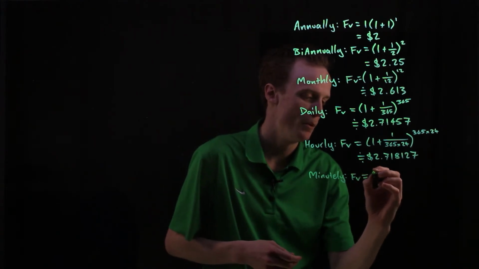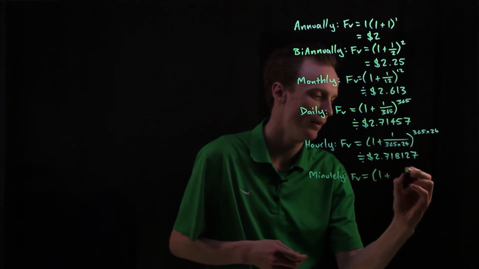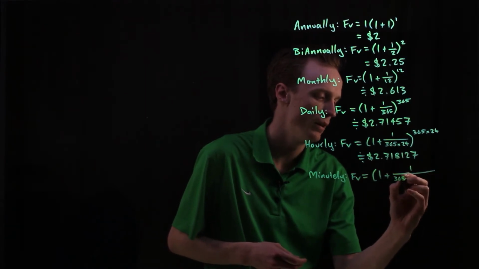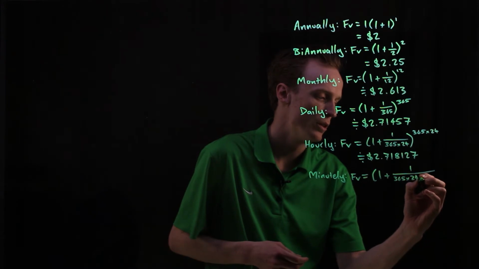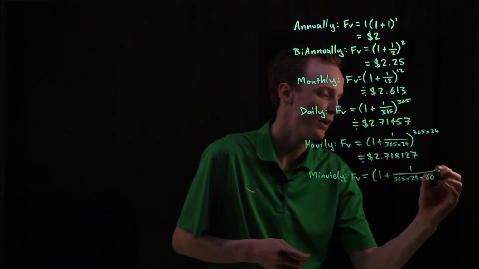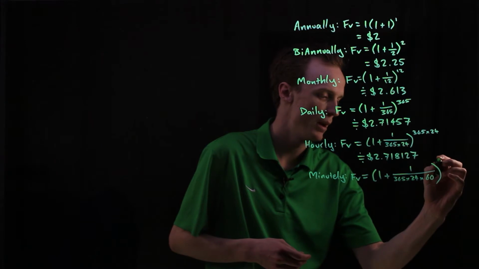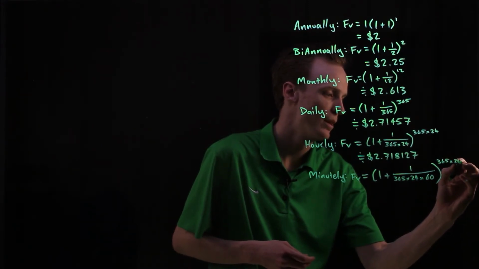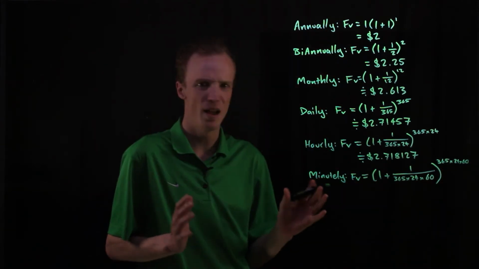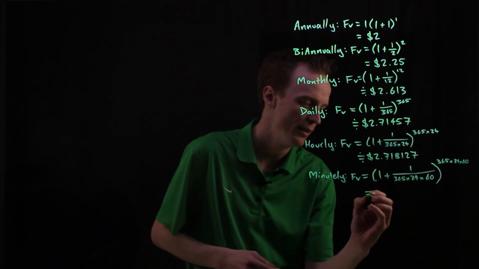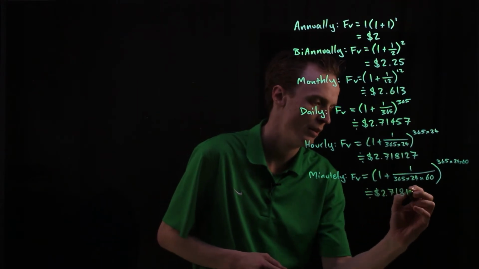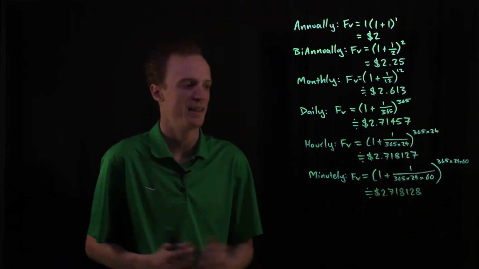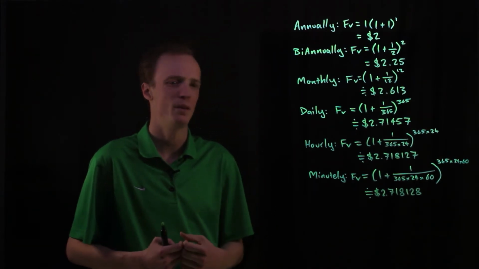So to do this, we will do 1 plus 1 divided by 365 times 24 times 60 for every minute there is in an hour, all raised to the power of 365 times 24 times 60. And now when I go and put this into my calculator, it gives me approximately 2.718128. So what's going on here?